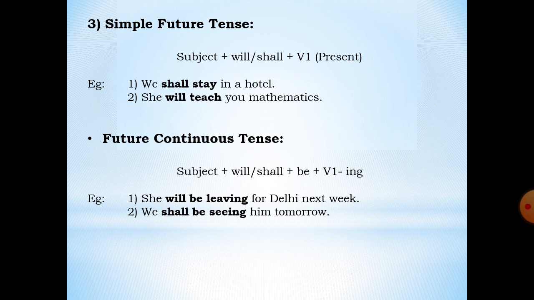See the example: she will be leaving for Delhi next week. In future continuous tense you have to remember that you have to add be before the verb. It is compulsory in continuous tense.